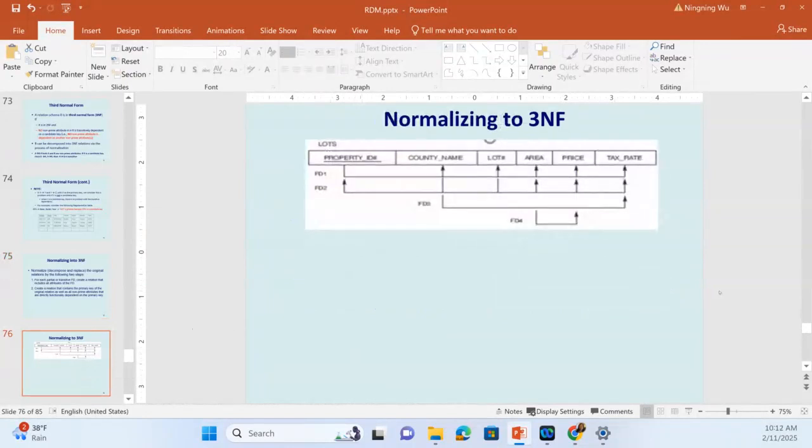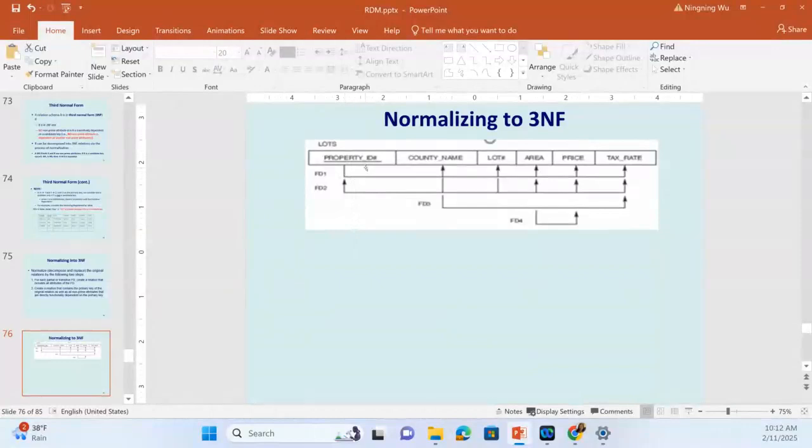Let's see the example here. I think this is a very good example. Given the relation schema here, it has one attribute as the primary key, property ID. If you look at the functional dependencies, we actually have 2 keys.